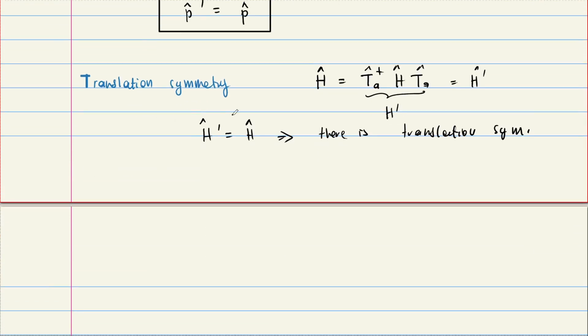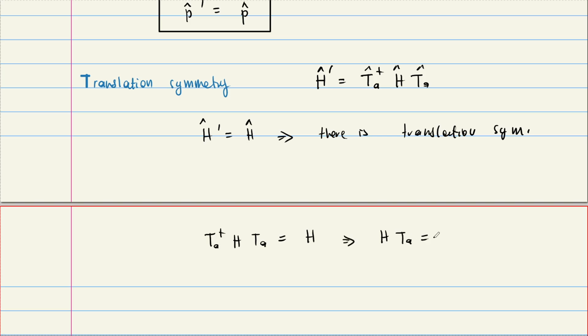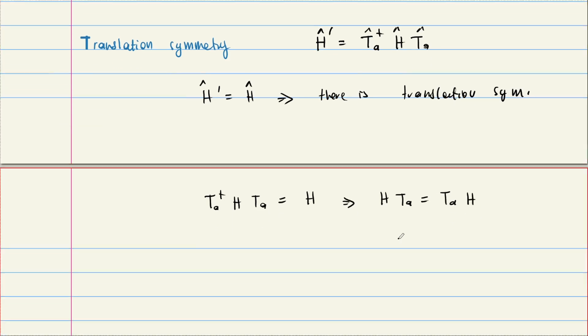Right? Now let's use this H being equal to H prime. So if H is equal to H prime, I have T_a dagger H T_a is equal to H, and I can multiply both sides with T_a, and T_a dagger, because it's unitary, is going to be 1. I have H T_a is equal to T_a H, or I can combine them on the same side.